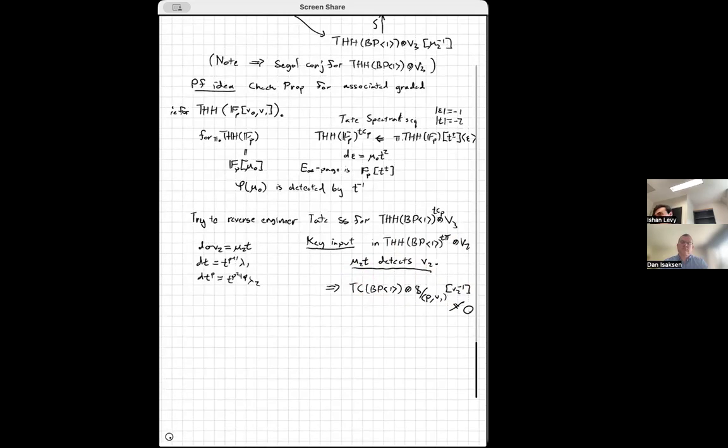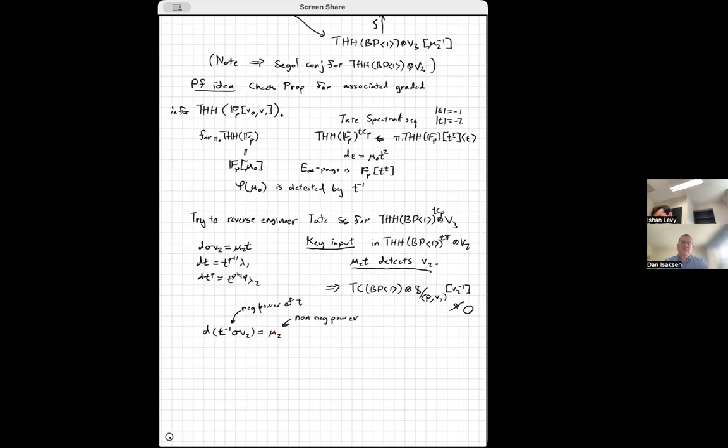But then we actually learn more. I claim we also learned the canonical vanishing. And that's for the following reason. We have this differential, right? But we can just multiply this differential by T inverse. And so what you learn is that the differential on T inverse times sigma V2 is mu2. And in the Tate spectral sequence, this has a negative power of T, and this thing has a non-negative power of T. It's T to the 0, I guess.